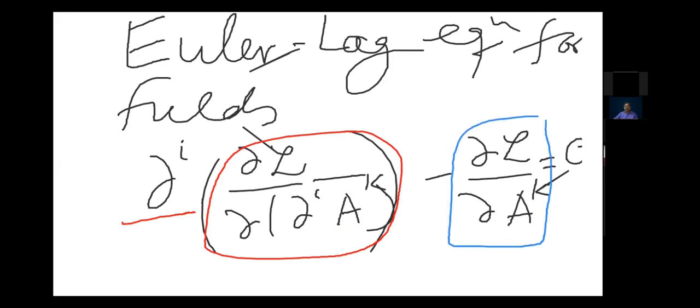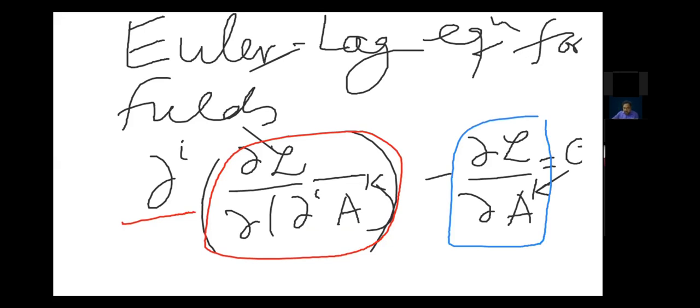Okay, it is straightforward, because the Lagrangian contains two parts. Remember, the free fields component and the term with the sources. Only the second part of the Lagrangian will contribute to this, because the first part does not depend on the field coordinates.